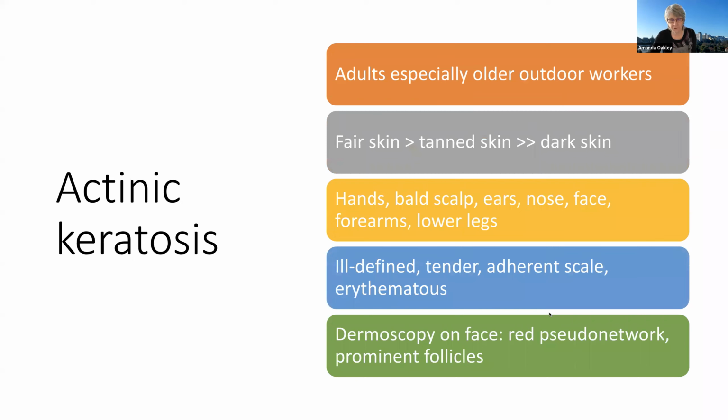Actinic keratoses occur very commonly in sun-exposed sites in aging skin: face, ears, scalp, hands. More prevalent in fair skin than in darker skin. They're ill-defined and tender, and the scale is very adherent to the lesion. They're often inflamed, therefore red.